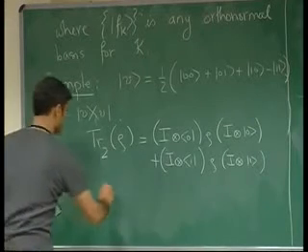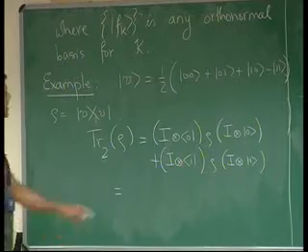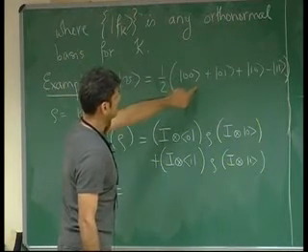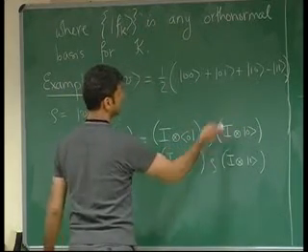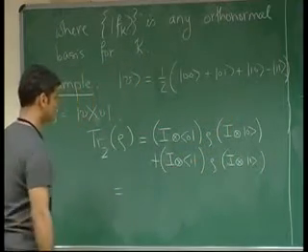And let's write it down just once. So when I multiply I tensor 0 with rho, I'm going to get only those terms here that have 0 in the second qubit.